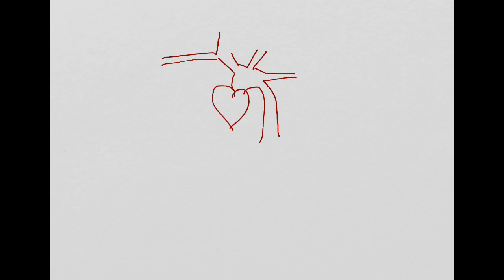Once these arteries pass by rib 1, it's just going to change its name to the axillary artery. The axilla is the armpit, and so this is the artery that's running through the armpit.